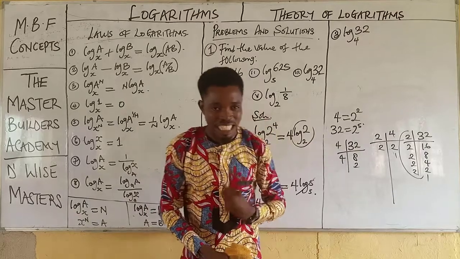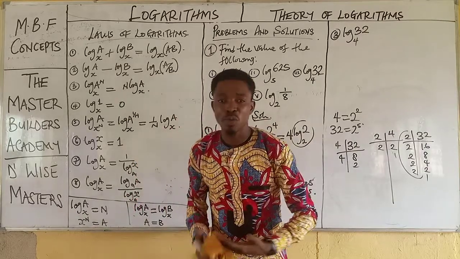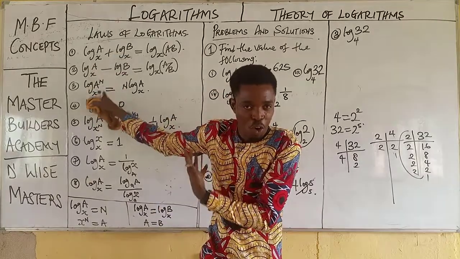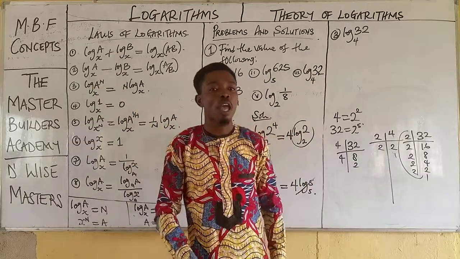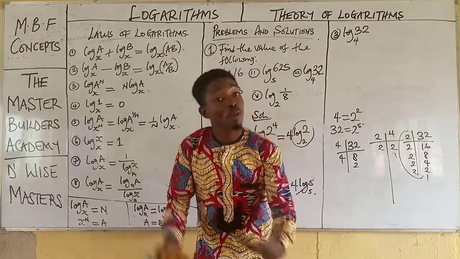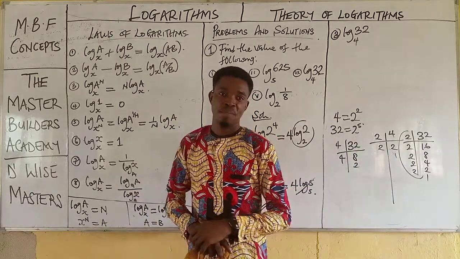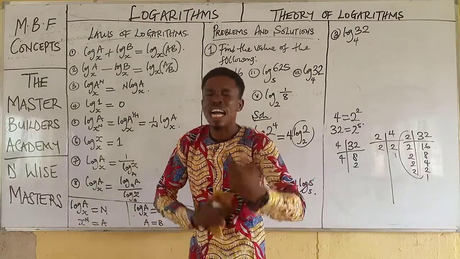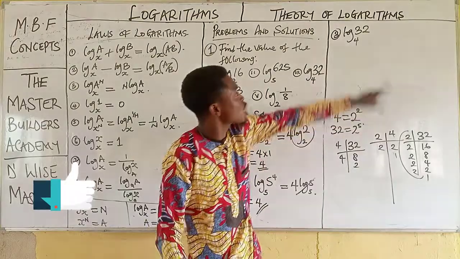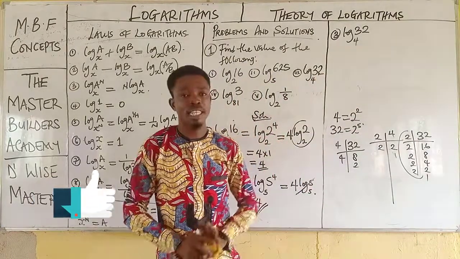Why are we doing this? One of the reasons why we are doing this is to ensure that we are able to apply any of the laws of logarithms that are given to us. Because without application of these principles or laws, we will not be able to solve this problem. So we are trying to find our way to ensure that one of the laws is actually deduced from any given question.